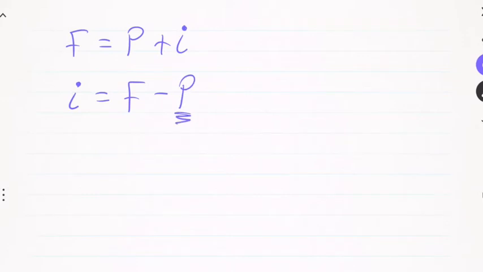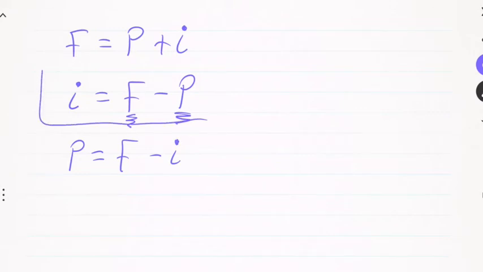So if you borrowed $100 and you paid back $150, then your interest is $50. And the last formula, which is not very common, is that the principal can also be written as F minus I. But these are the two most common versions of the future value formula.